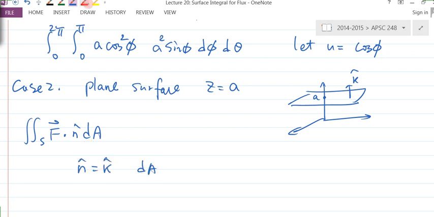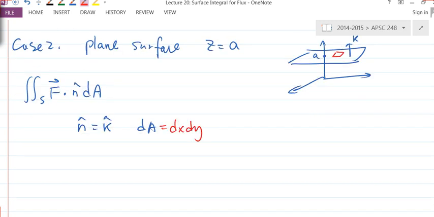What's dA then? How do I represent a small patch? dx dy. That's it, right? Now this is probably easy to accept because there are no other variables, so it's just the original x and y. Then what would the surface integral look like now?